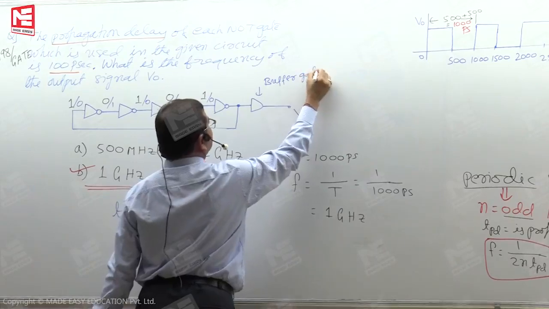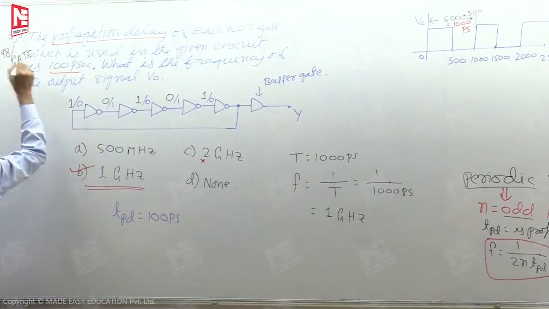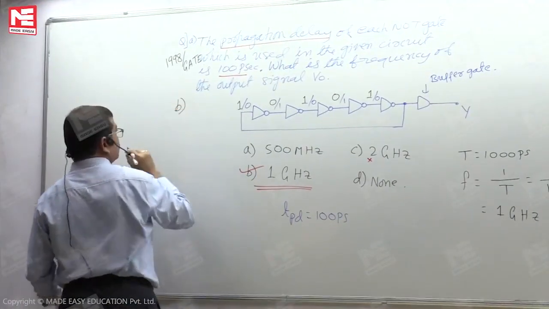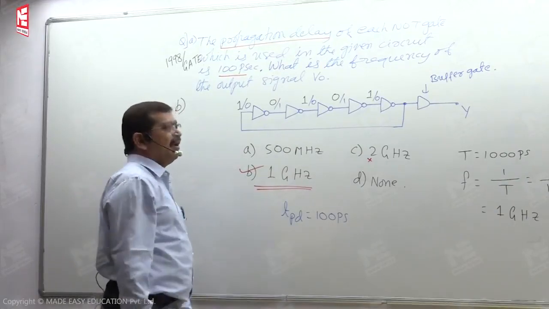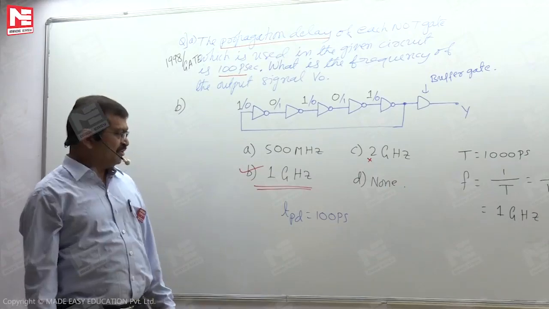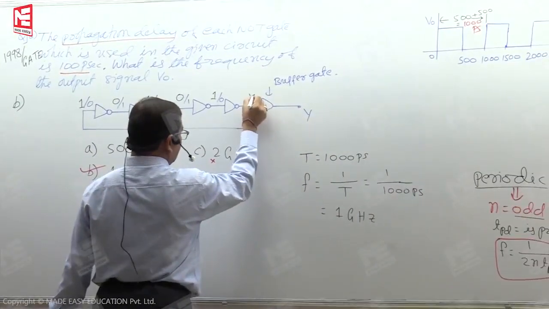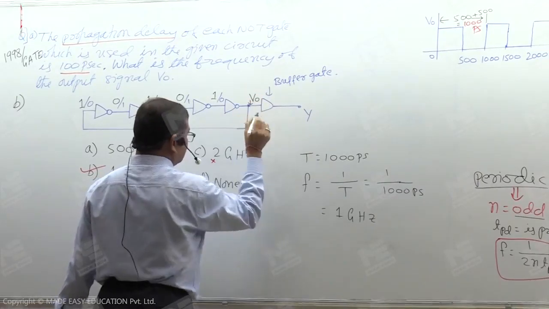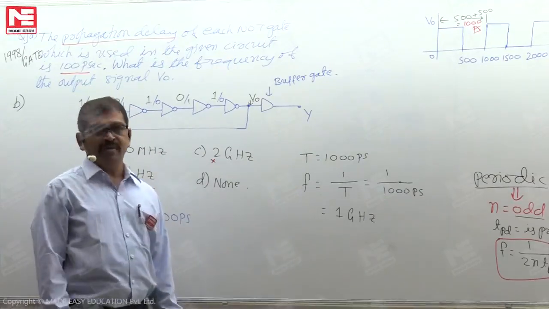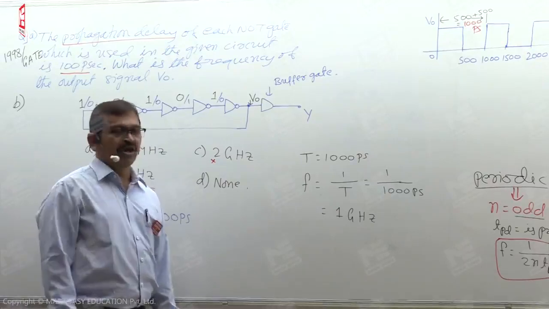So for the earlier question, if I say that was part A, with this modification, let me call it part B. The modification is a little extension to the previous circuit. Instead of reading the output after the fifth gate, as earlier, I am now reading the output after a buffer gate. The buffer gate output is the overall circuit output.